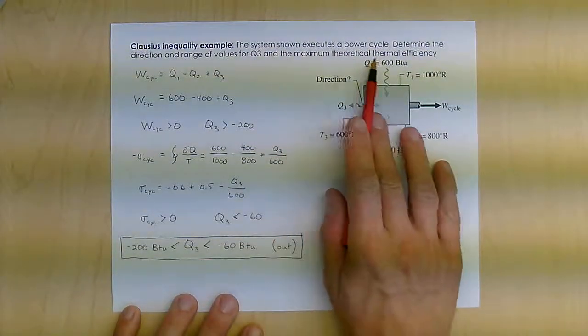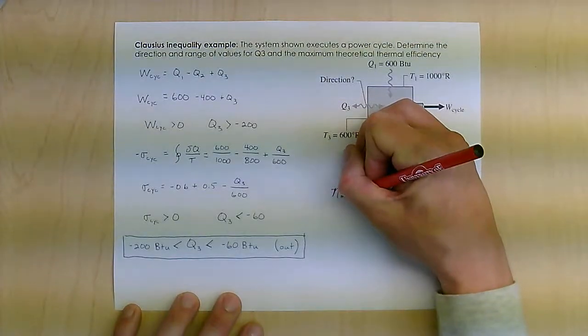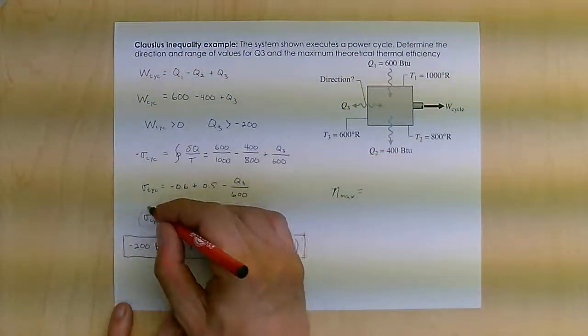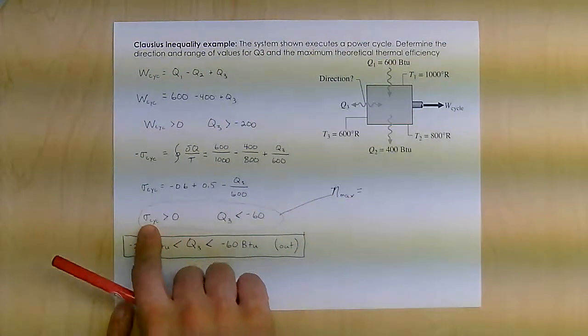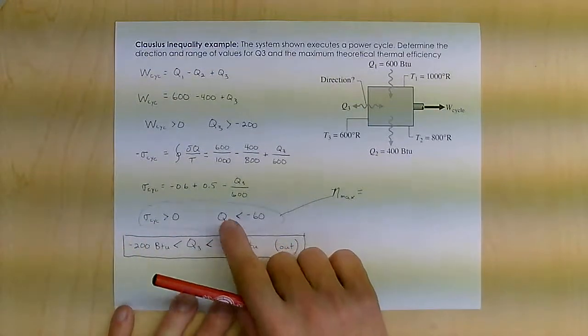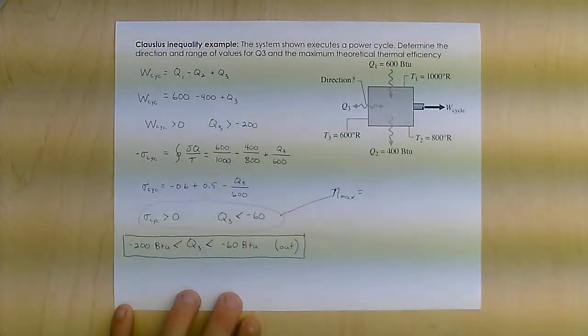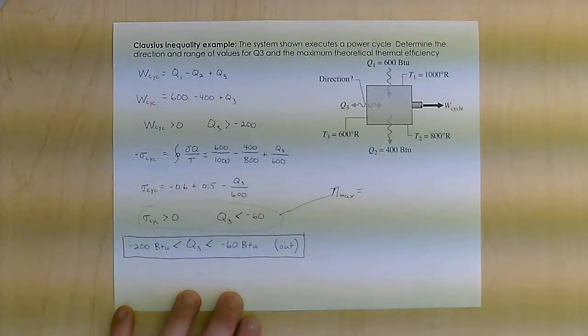Now the final question is, let's find the theoretical thermal efficiency, which is eta max. Now this occurs in this situation when sigma is 0, that is the best case scenario. So for that system, I know that Q3 equals negative 60.